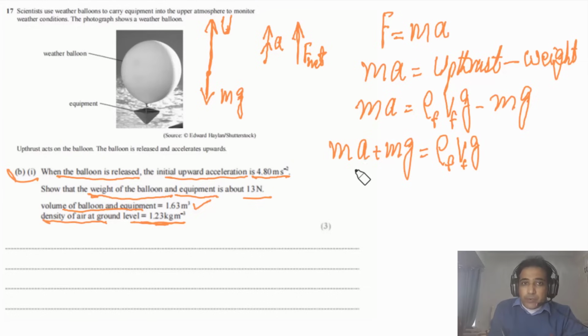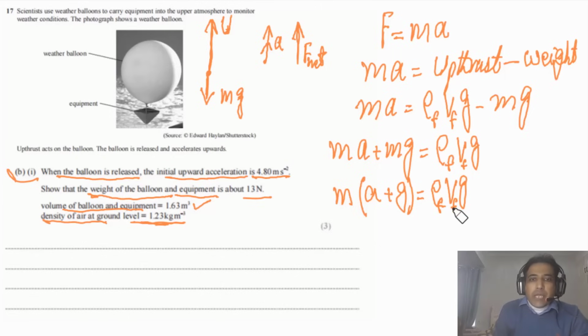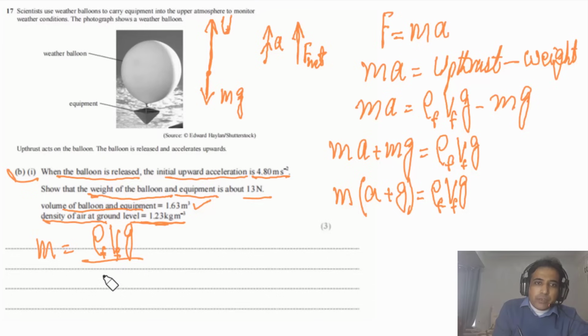From here we can find the value of m first of all. We can take m common, so we have m times (a plus g), and this is equal to rho Vg. This is the density of fluid, and this is the volume of fluid displaced. So we can say m will be equal to rho Vg, the density of fluid times volume of fluid displaced, divided by (a plus g). Now we can plug in values.